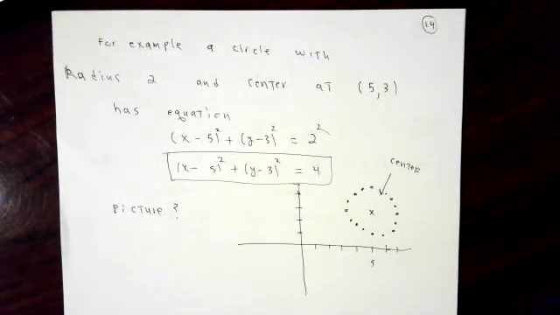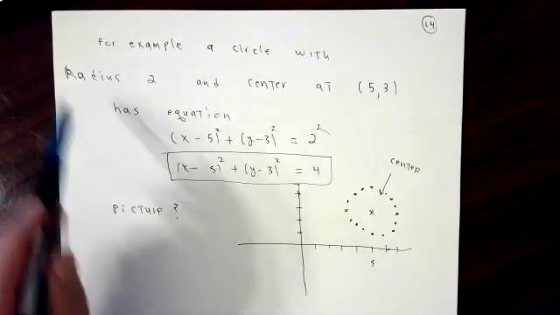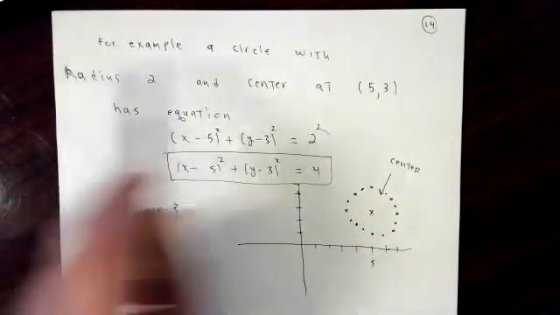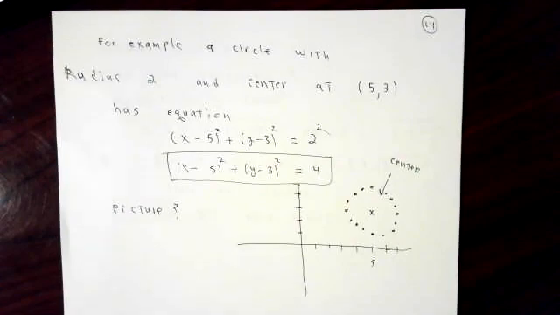I think it's pretty clear that if you were to somehow draw in all points that were exactly 2 units away from that center, you would have the circle that you're talking about. So if somebody asks you to write down an equation for this kind of circle, it's almost an insult to your intelligence.